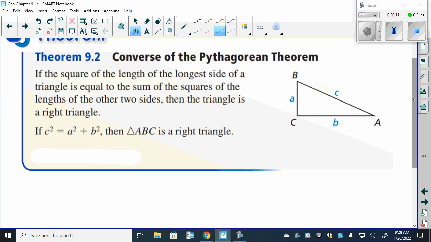The next thing we're going to look at is the converse of the Pythagorean theorem, because our Pythagorean theorem states in a right triangle, the square of the hypotenuse is equal to the sum of the squares of the lengths of the two legs. Or that if it's a right triangle, then a squared plus b squared is equal to c squared. Now, the converse is saying that if a squared plus b squared is equal to c squared, then it's a right triangle.